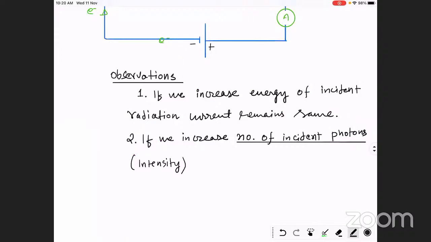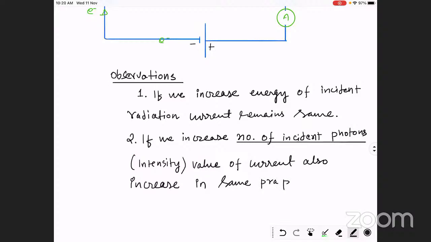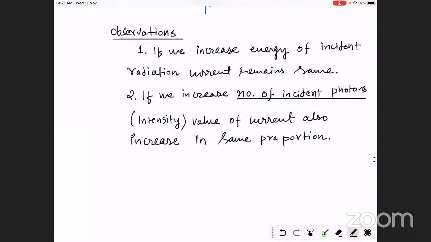Number of incident photons. Remember, and if we increase number of incident photons, means intensity, then value of current also increases in same proportion. Understood? अगर हम नंबर ऑफ फोटॉन्स बढ़ाएंगे तो करंट भी बढ़ते जाएगा. राइट? नाउ थर्ड ऑब्जर्वेशन.